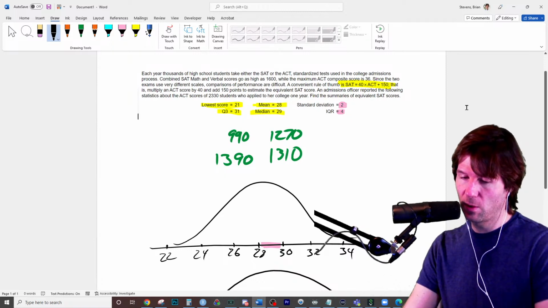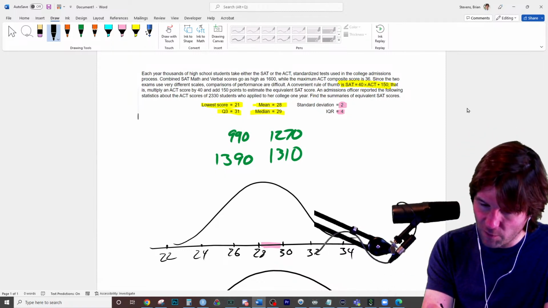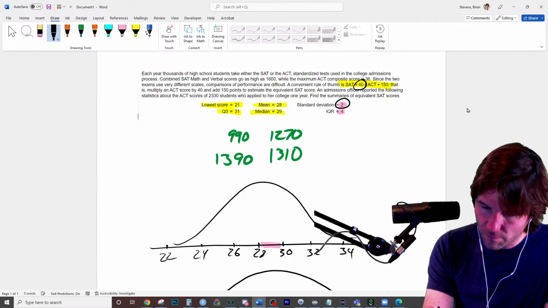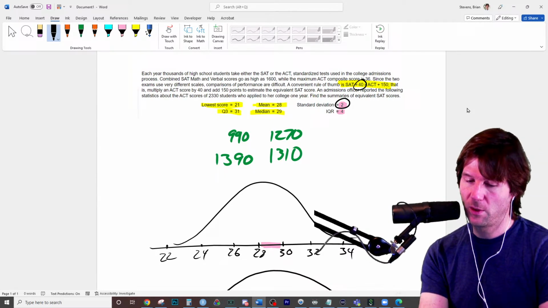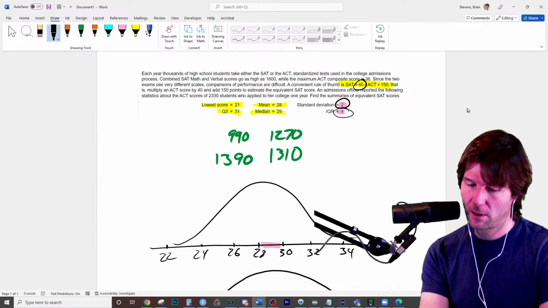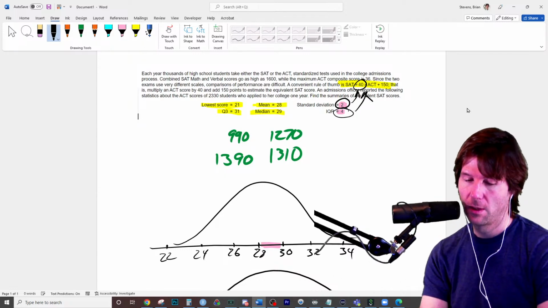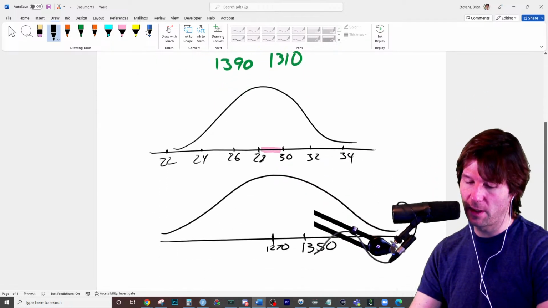You see right here, the 2 is going to be the difference of 40 times 2. And then also, it looks like the IQR is going to be the distance of 40 also, times 2. So the IQR is also going to be right there.